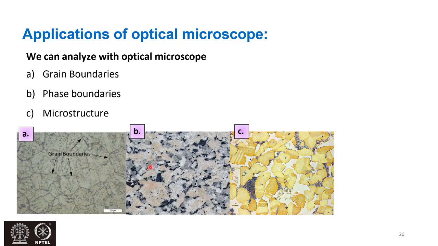Because of the different crystallinity, they appear different in color. That is how I know that the material has multiple phases. So that is one example. In metallurgy also we are able to use this optical microscope extensively.